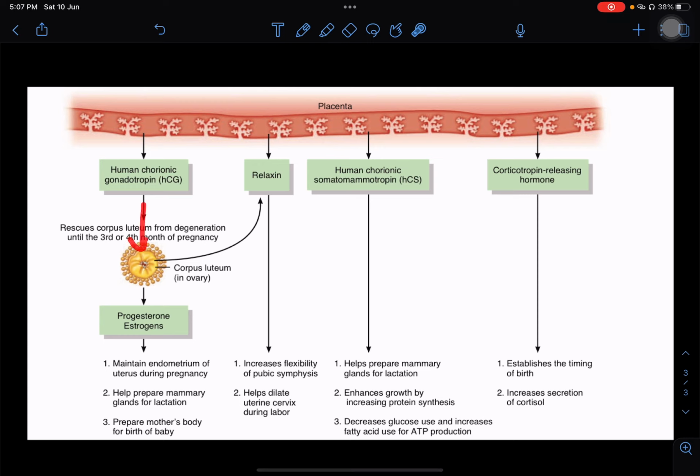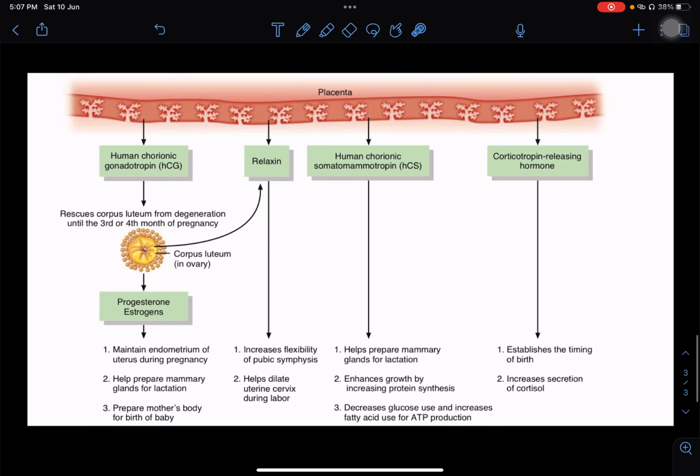Now, HCG will maintain the corpus luteum, and corpus luteum releases progesterone and estrogen, which are required to maintain the endometrium, and for mammary gland development and other preparation of the mother's body.